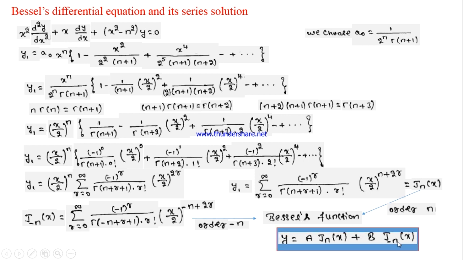So this is the solution of our Bessel's differential equation, and we are expressing our solution in terms of the Bessel's functions Jn of x and j minus n of x. And this is the complete solution or general solution of this differential equation, provided n is non-integer constant.